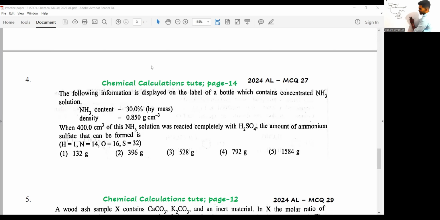As a product, you will get ammonium sulfate. They have given it in words, ammonium sulfate. So it's asking, what is the mass of ammonium sulfate you are getting? That's what they ask.